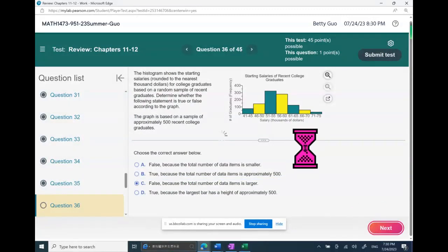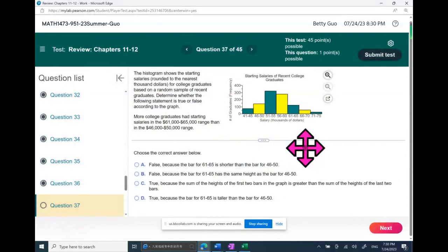Question number 27. This time we are determining if this statement is true or false. It says more college graduates had starting salaries in the 61 to 65 range than in the 46 to 50 range. 61 to 65 is this green.